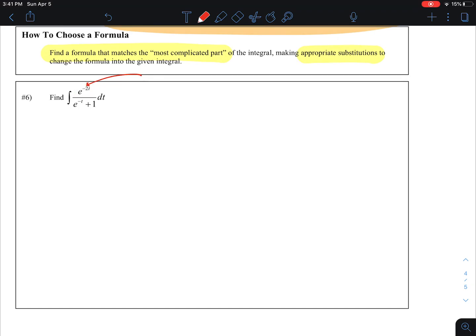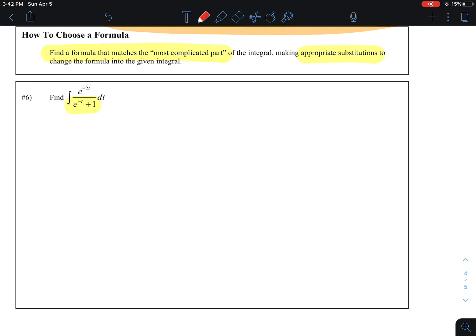Okay, the other thing that you just want to keep in mind is if we were trying to decide what is the most complicated part of this integral, it would actually be the denominator, because anytime you have a quantity, see how there's two things in this denominator, that kind of trumps the fact that there was just one thing in the numerator, okay?